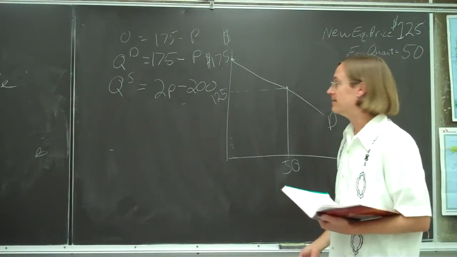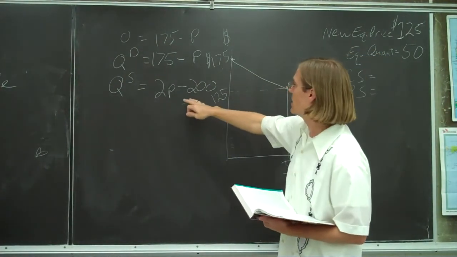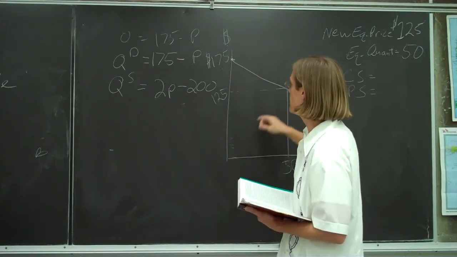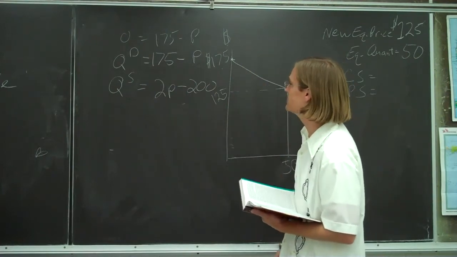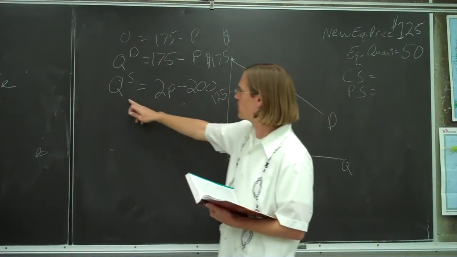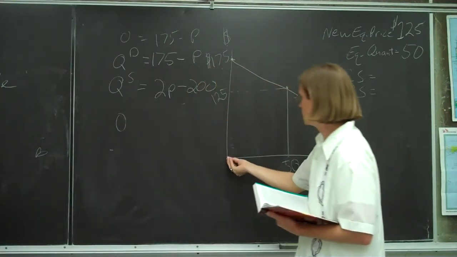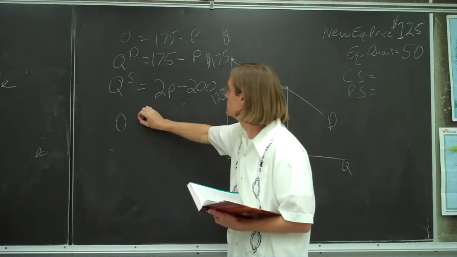You got 2 points, and so you can draw that demand curve in. It's a little too late in the day. If we got that, now we can find the supply equation, and we can find where the supply crosses the y-axis. And so again, we set the quantity supplied equal to 0. So we know that's where it's going to hit that y-axis.